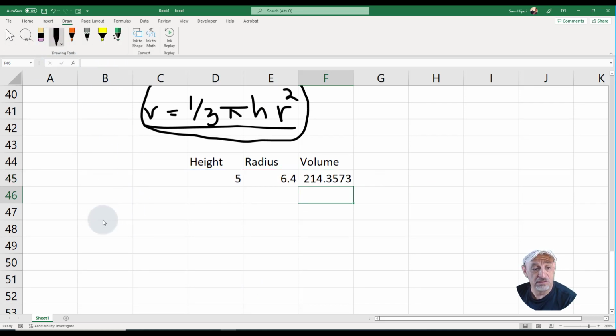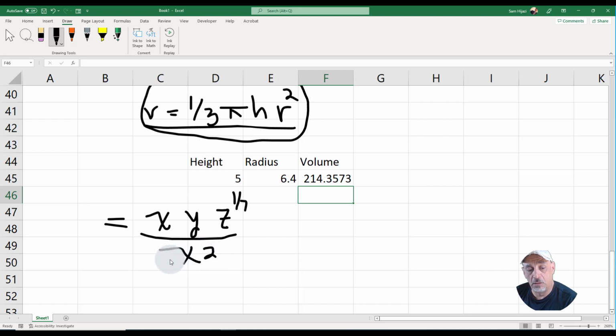Let's say somebody gave me an equation that is really complicated, that I'm making up: x multiplied by y multiplied by z raised to the 7th power, and the whole thing is divided by 3 multiplied by x squared multiplied by z, and then, with another division, q.